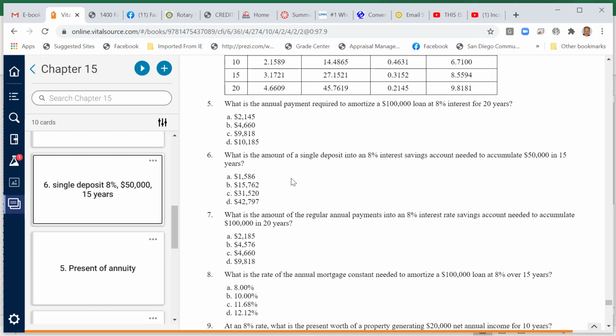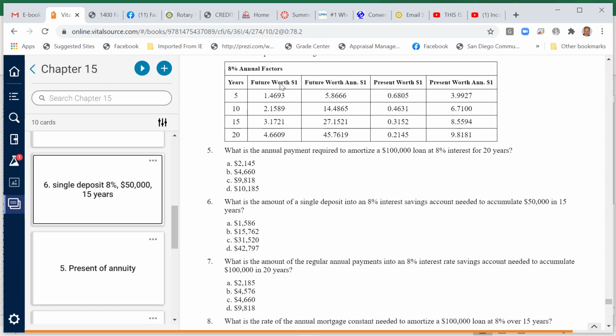Question 6 says, what is the amount of a single deposit into a savings account at 8% interest to accumulate $50,000 in 15 years? So I know I'm over here in my 15 year and I'm at the future worth of my money. So I'm going to use this factor right here.